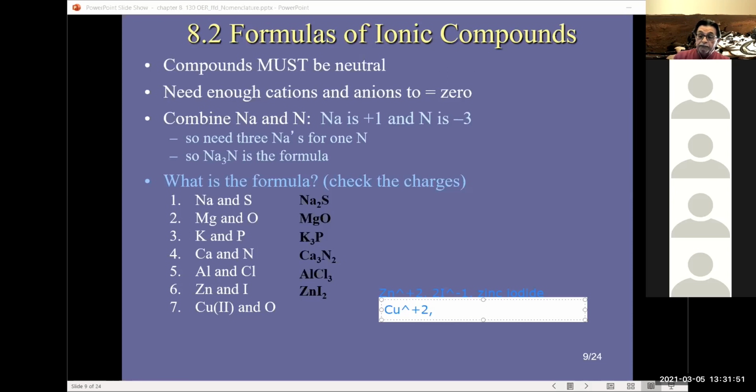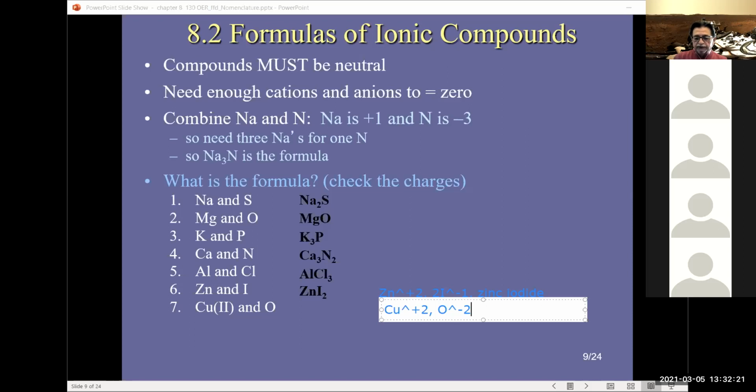And oxygen, well, we know it's in group 6, like we did for number 2 up here, and for magnesium, it's going to be a -2 ion, okay? Because it picked up 2 electrons, and its name changes to oxide. Okay, so here, we can simply put them as a 1-to-1 because we got a +2 and a -2.